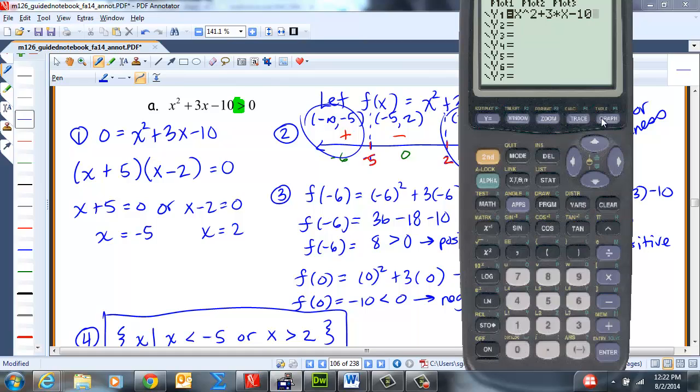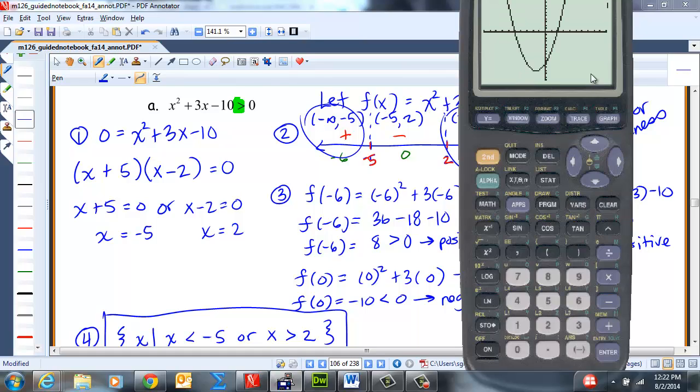So a couple ways we can do this. You can just do the regular graph. I think we're going to have to adjust our zoom a bit. I'll try zoom standard. Let's look at our window. Let's do our y minimum lower. Let's call that negative 15 and see if we get there.